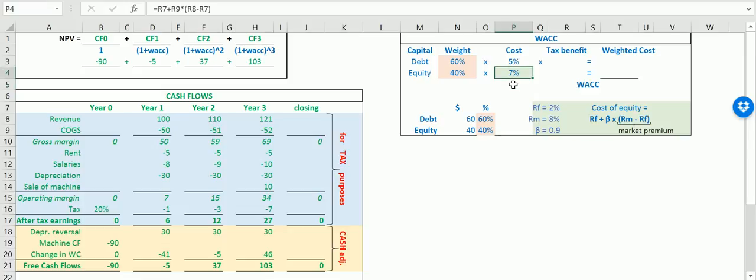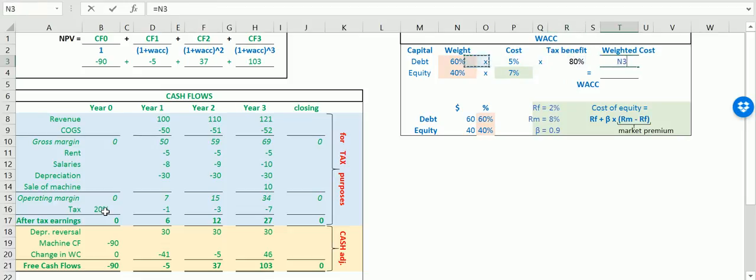Okay, so we have the weight, we have the cost, but one thing is missing. Remember that the cost of debt can be deducted from tax. So the actual cost is not 5%, but 5% times the tax benefit. And the tax benefit is 1 minus the tax rate. So that would be 1 minus this 20%.